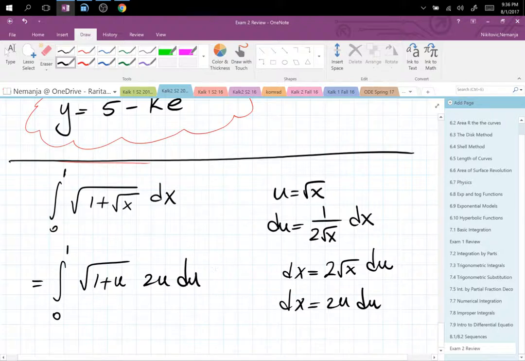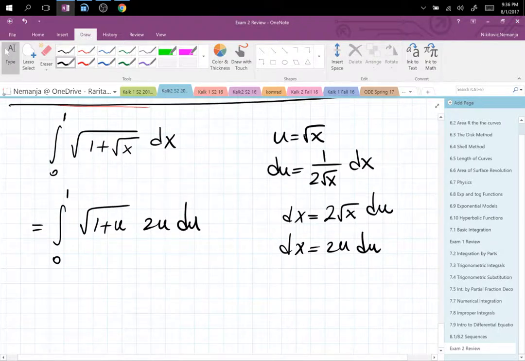This is called backward substitution. How are we able to determine that you have to flip it to the u value? Because I had an extra root x, I can't plug this in, because I don't have anything to cancel it with. But I see up there that the root x that I don't have anything to cancel with is actually u, so I plug it in and that's what we get.